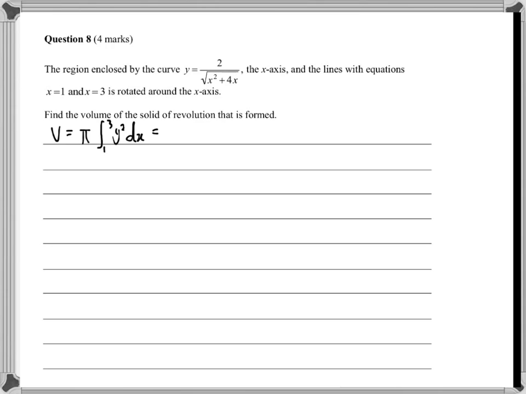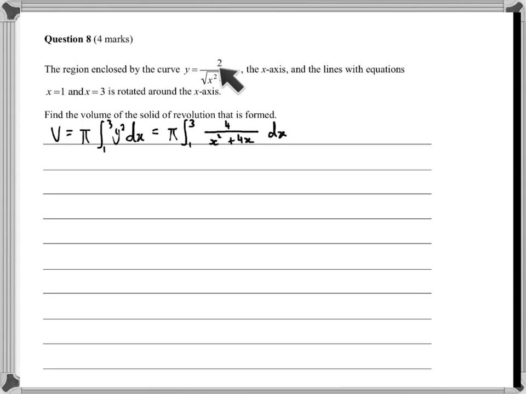There it is. Pi times the integral of y squared. Now, we have to integrate between the lines x equals 1 and x equals 3. So y squared is, we're squaring this fraction here.